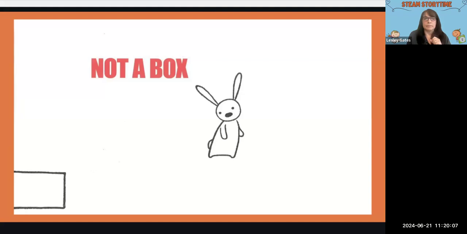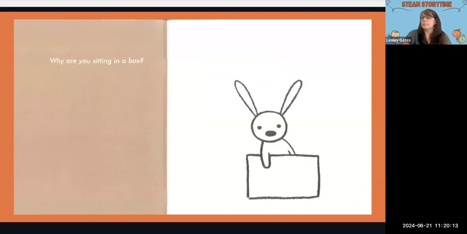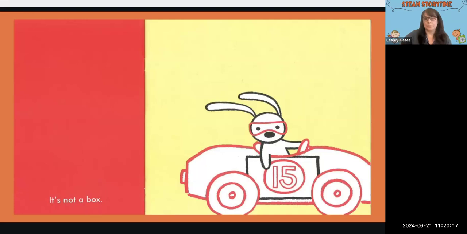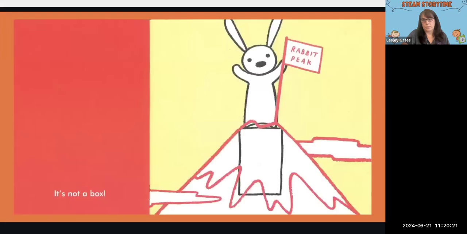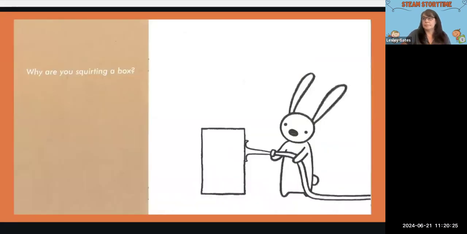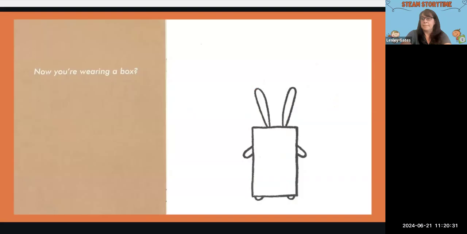Not a box. To children everywhere, sitting in cardboard boxes. Why are you sitting in a box? It's not a box. What are you doing on top of that box? It's not a box. Why are you squirting a box? I said it's not a box. Now you're wearing a box?